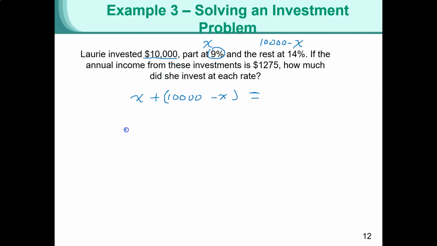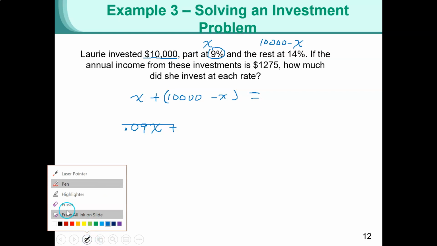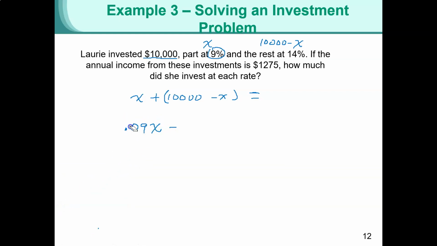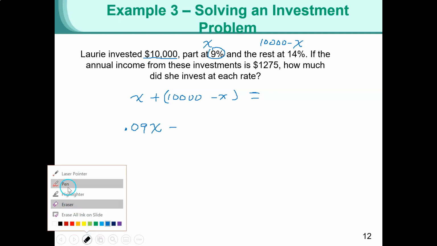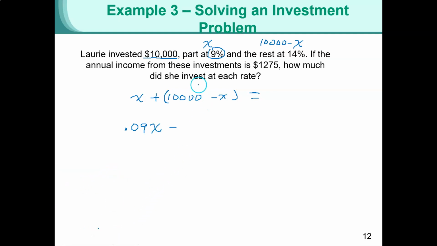I'm going to convert the 9% into 0.09 multiplied by x, plus 10,000 minus x multiplied by 0.14, because 14% is equal to 0.14.